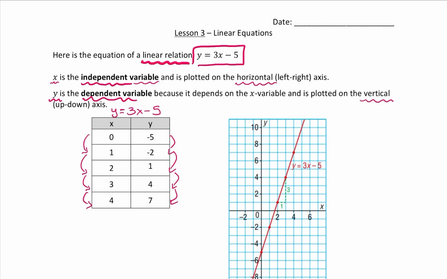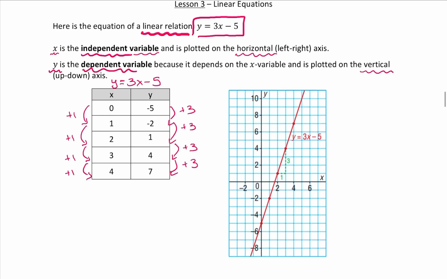So if I look at my increase in x, they're going up by plus 1. My increase in y is going up by plus 3. So it should already start to make sense to me why the equation starts with y equals 3x, because we always know that whatever y is going up by is going to be attached to our other variable.